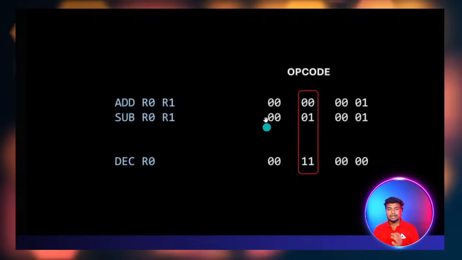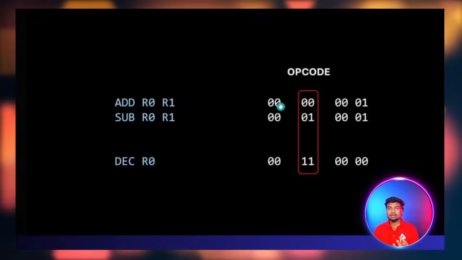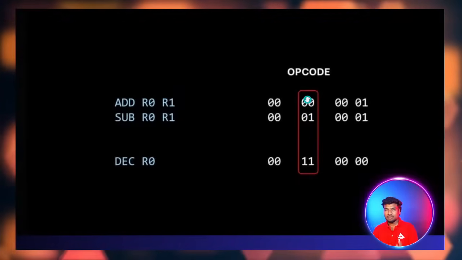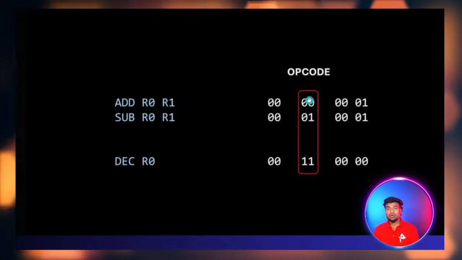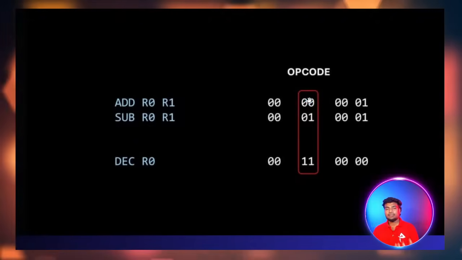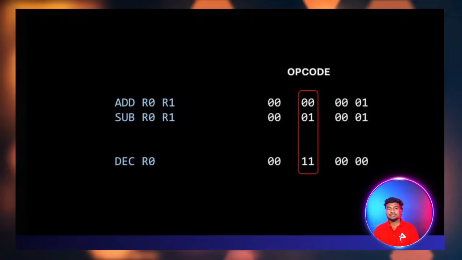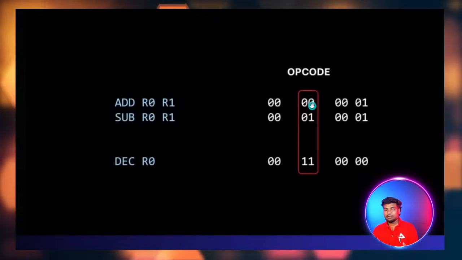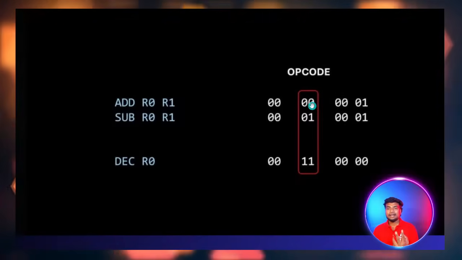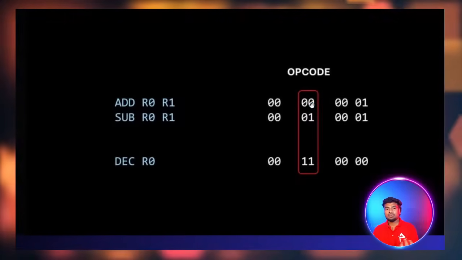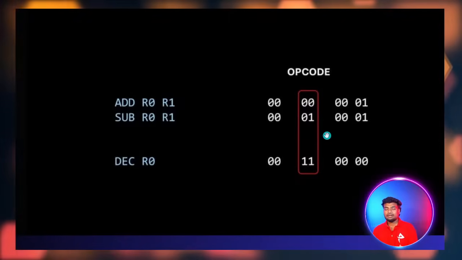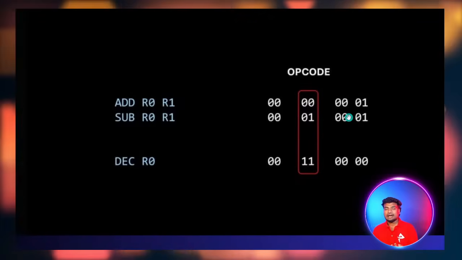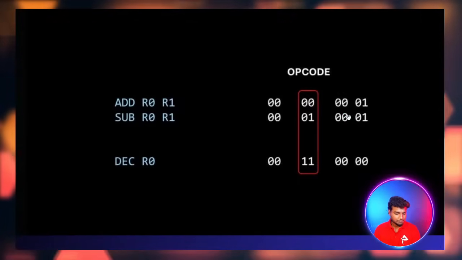This refers to the ALU. If it is 0 0, it is an ALU operation, and then the third byte refers to the opcode. Opcode means inside the ALU there are a lot of operations: addition, subtraction, multiplication, division, decrement, increment. To define those we can use 8-bit binaries like 0 0 0 1 1 1. Based on that we can decide addition or subtraction. Okay, and then this data is stored in registers.